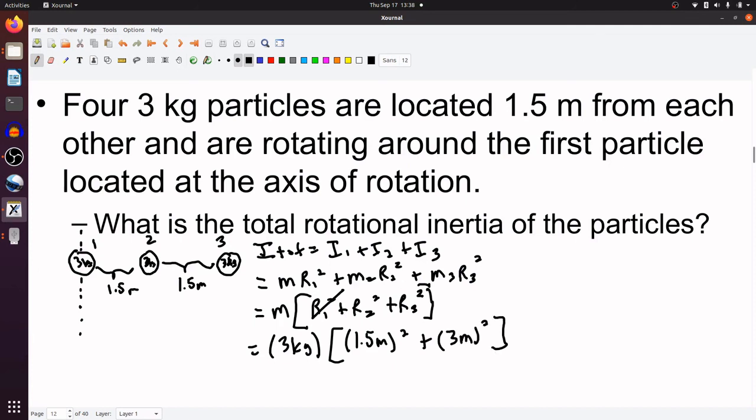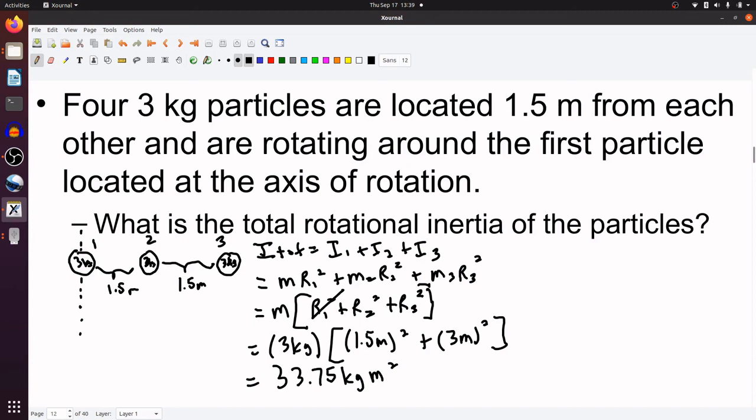And so we take 1.5 squared, that should be 2.25, plus 9, times 3, gives me 33.75 kilogram meters squared. And that is your total rotational inertia.